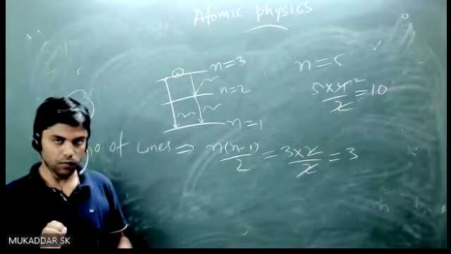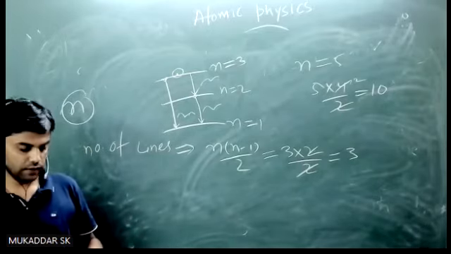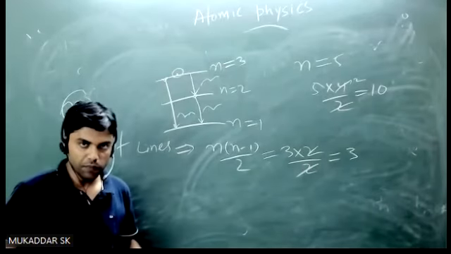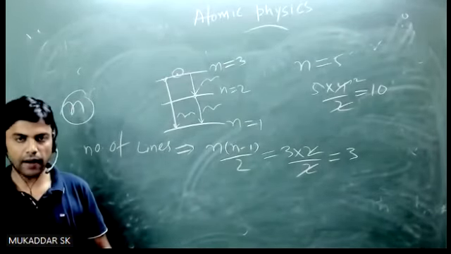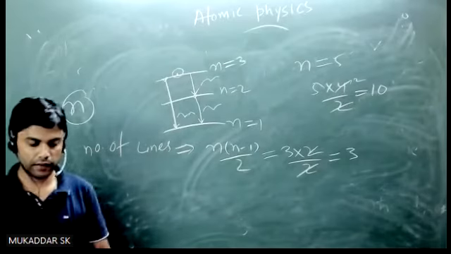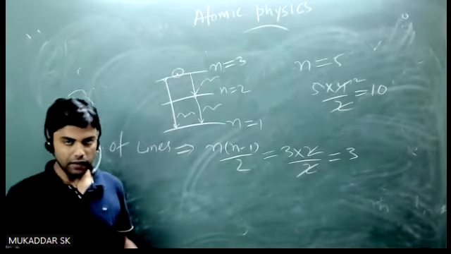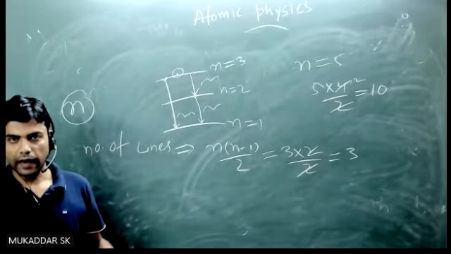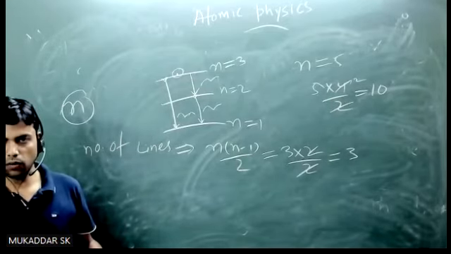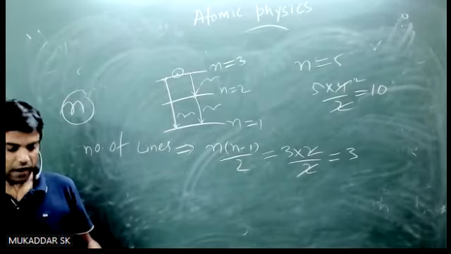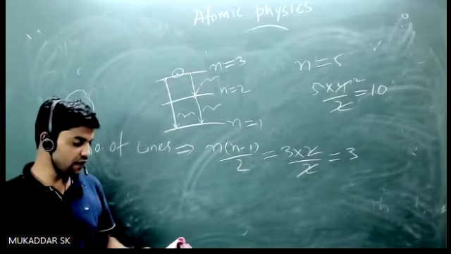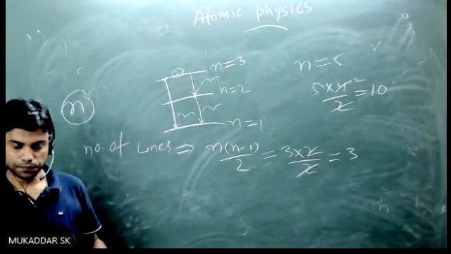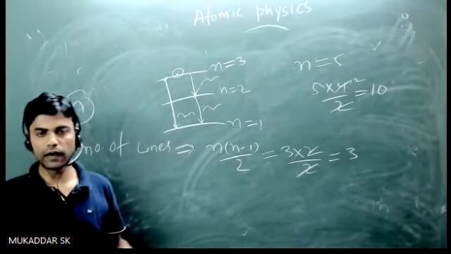A hydrogen atom is in the ground state and it is colliding with an electron having kinetic energy 13.322 electron volt.